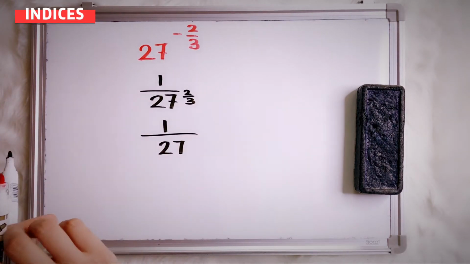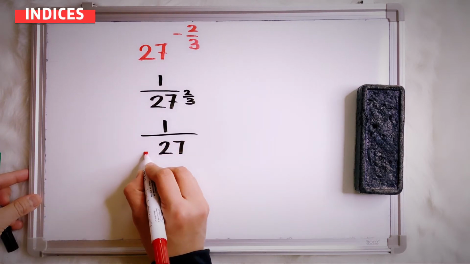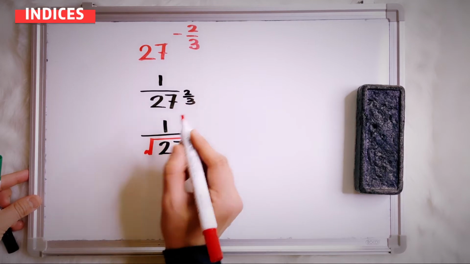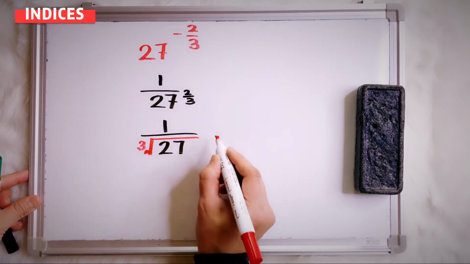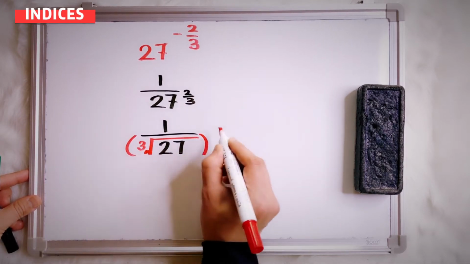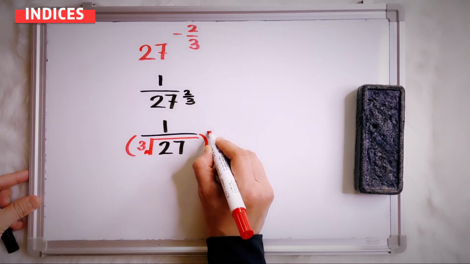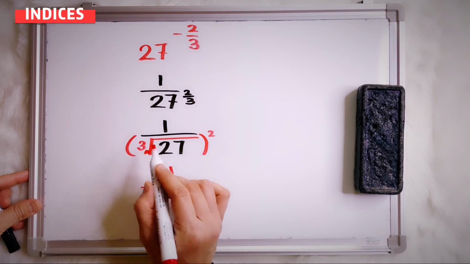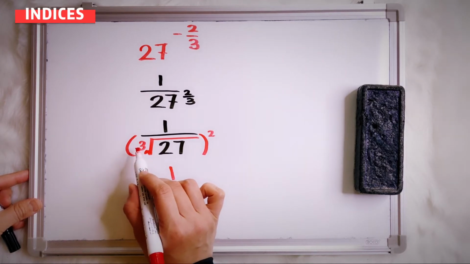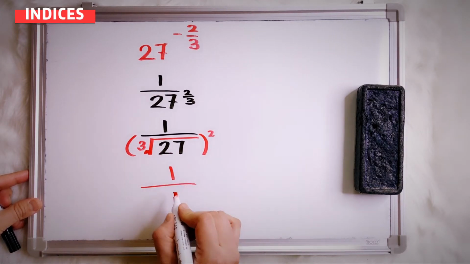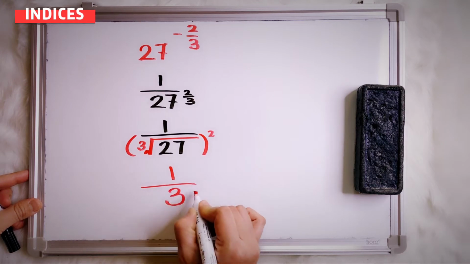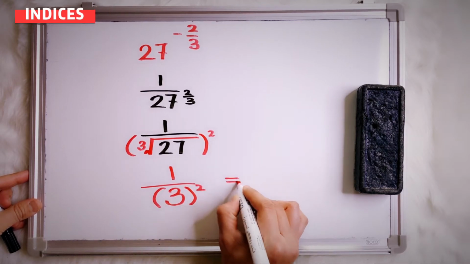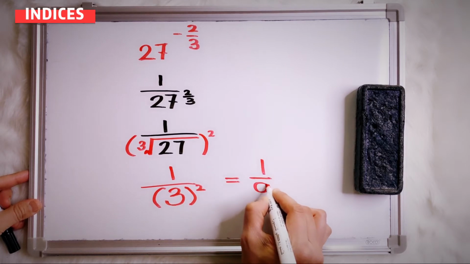Now you see, the root. The bottom number you have to put here, put bracket. The top one you have to put outside the bracket. So now it becomes 1 over, okay, what number you multiply 3 times, you get 27? So definitely it is 3, correct? So square, so your answer now will be 1 over 9.